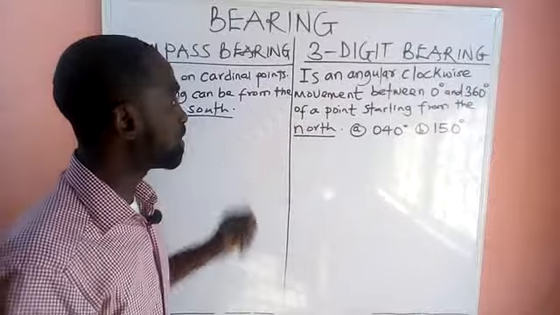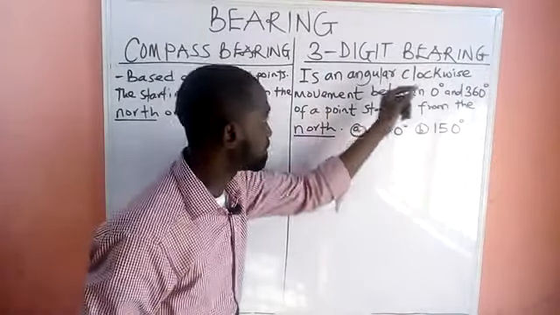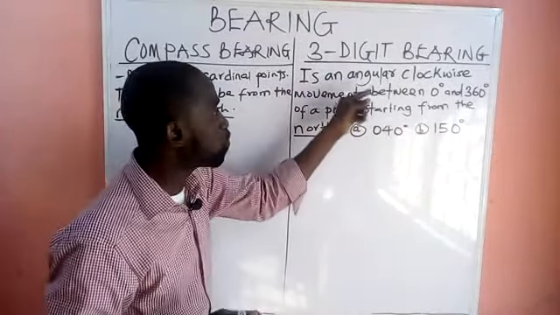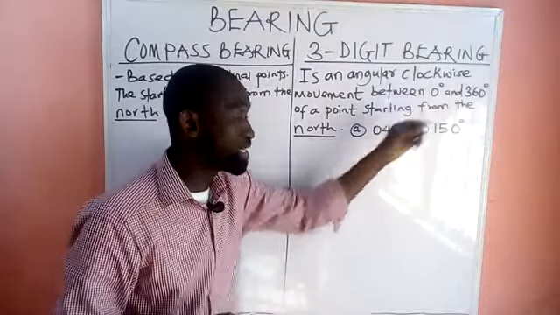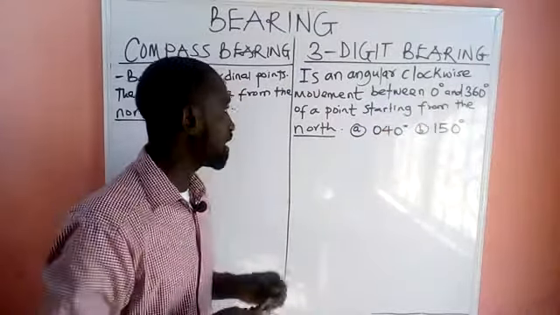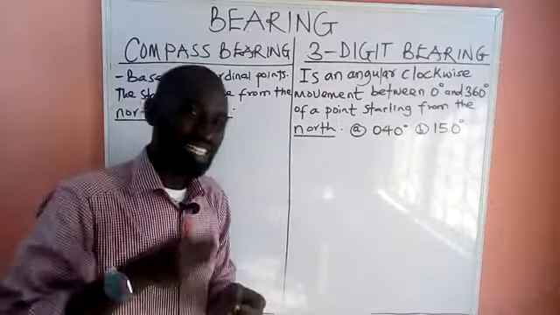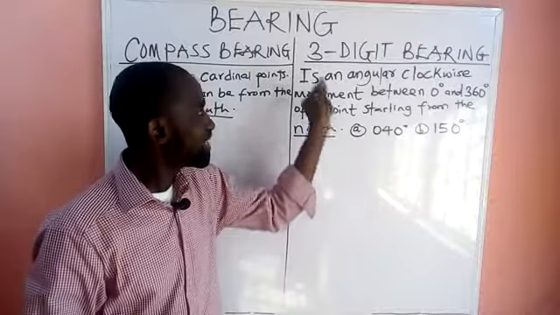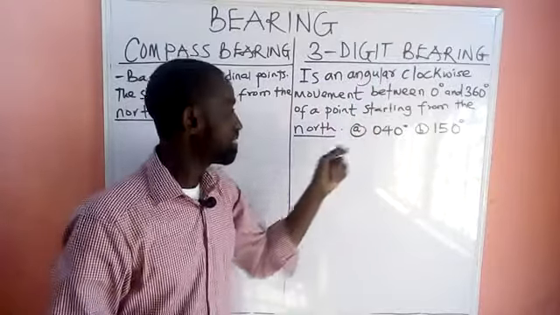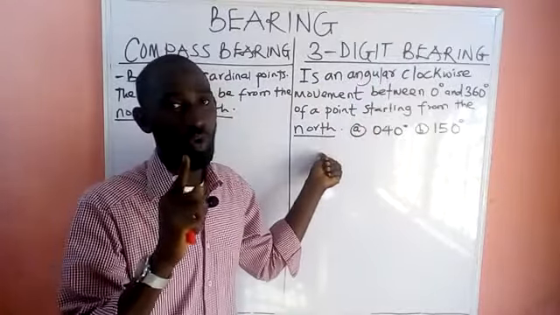For three-digit bearing, we said it is an angular clockwise movement between 0 degrees and 360 degrees of a point starting from the north. So the starting point of a three-digit bearing is only from the north.